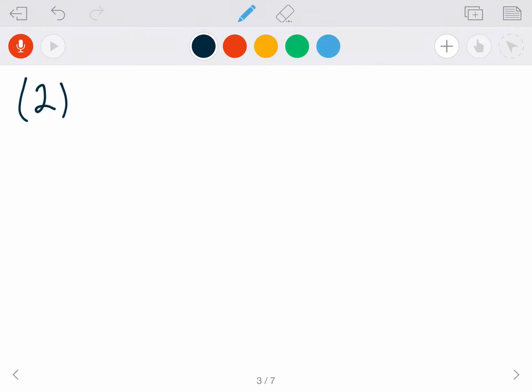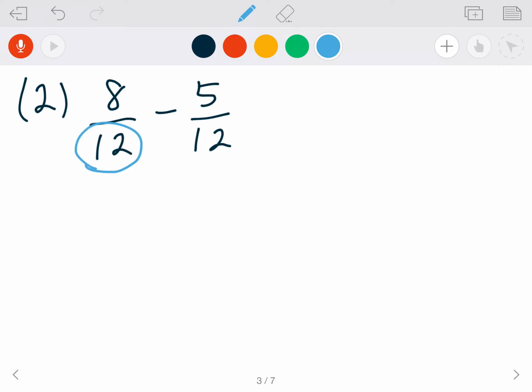This one will involve subtraction. This will be 8/12 minus 5/12. So the denominator of our first fraction is 12, and the denominator of our second fraction is 12. Once again, these are the same number, 12 and 12.